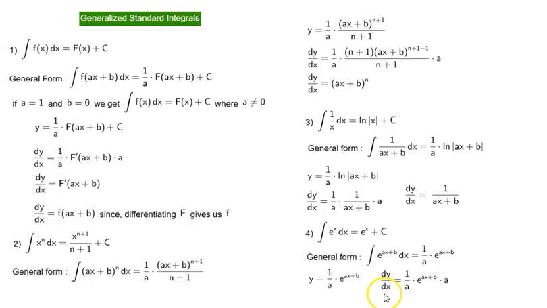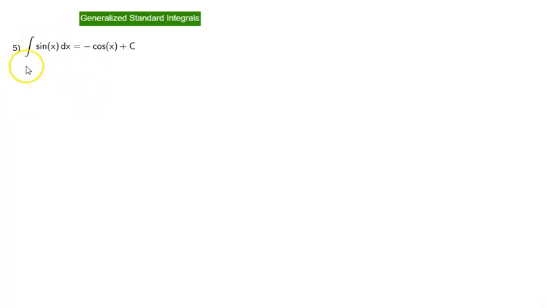So differentiating it, dy by dx is equal to 1 by a times e to the power of ax plus b times the derivative of ax plus b, which is a. So dy by dx is equal to e to the power of ax plus b, which is what is there under the integral. Let's look at the fifth one.